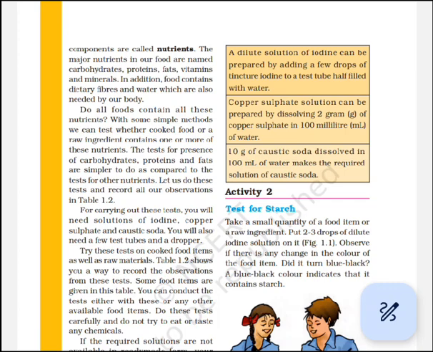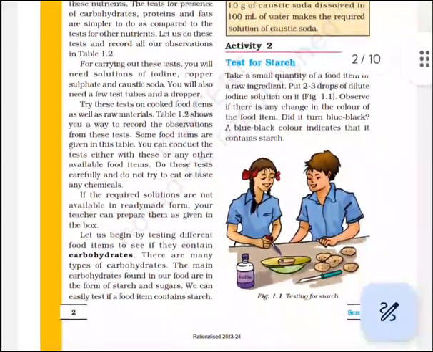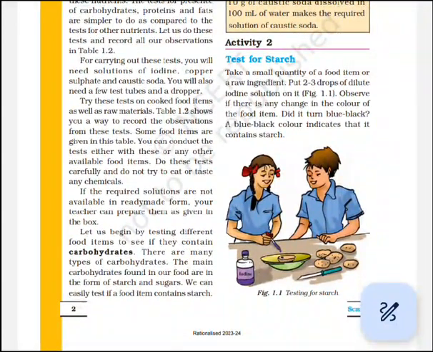Do these tests carefully and do not try to eat or taste any chemicals. If the required solutions are not available in ready made form, your teacher can prepare them as given in the box. Let us begin by testing different food items to see if they contain carbohydrates.